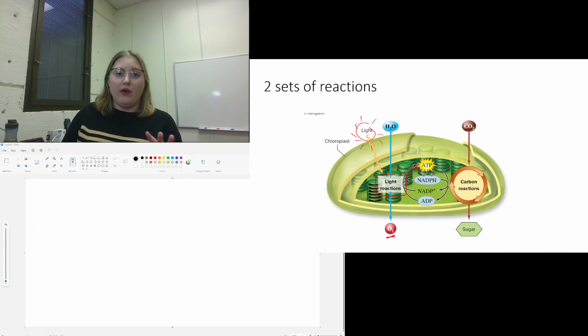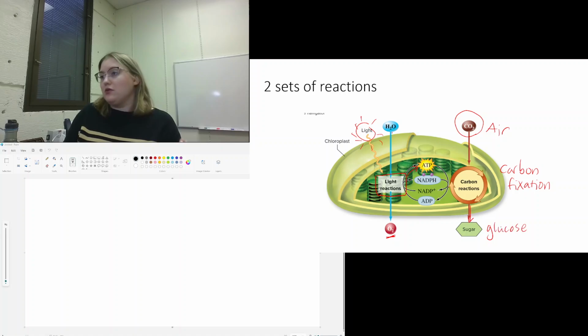Now, our carbon reactions, this is where our CO2 gets used. Our CO2 that comes from the air, right? It's going into the leaves, into the chloroplasts, and it's going to be fixed. So this is called carbon fixation. Now, carbon fixation, we take that carbon dioxide and we make it into a sugar molecule, specifically glucose, right?